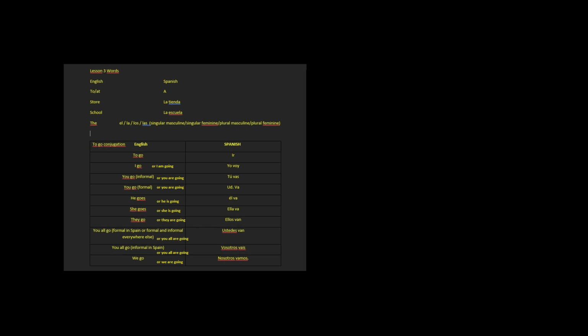Next is the way to say he or she goes. The verb itself, va, is the same as the formal version of you, and that's the reason why, in this case, you would need clarity on the pronoun, whether it's he, you, or she, because otherwise you might not know who they're talking about. All right, so spelled the same way, va. And repeat after me.